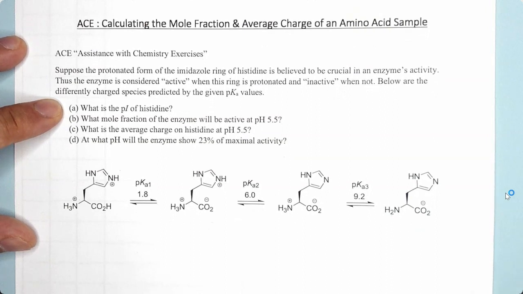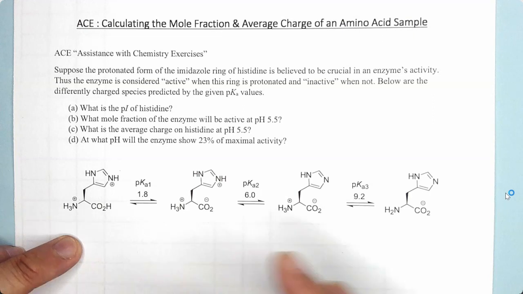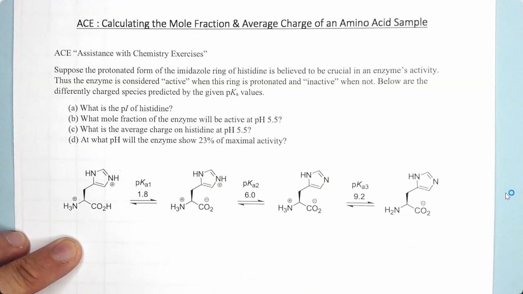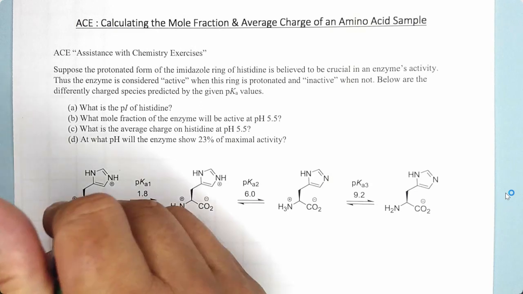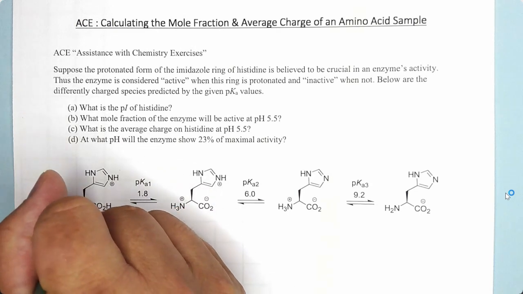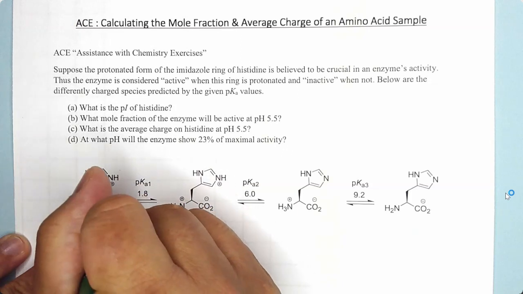Before we get started on the pI, I suggest listing the charge of each of these species. At very low pH, everything that can be protonated will be protonated. And so here's the charge of +2.